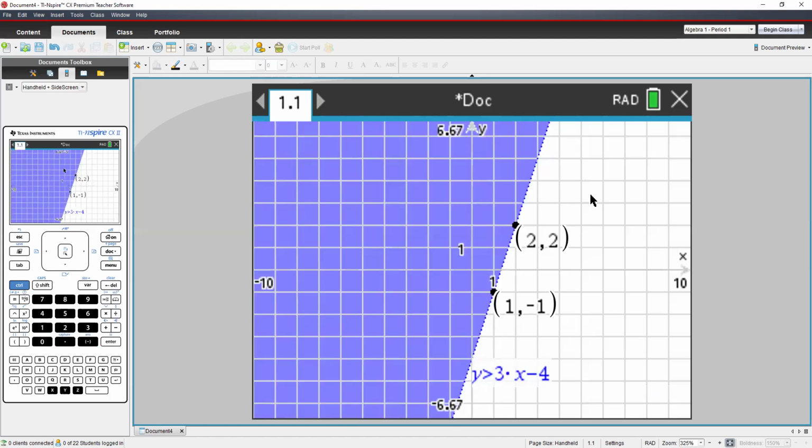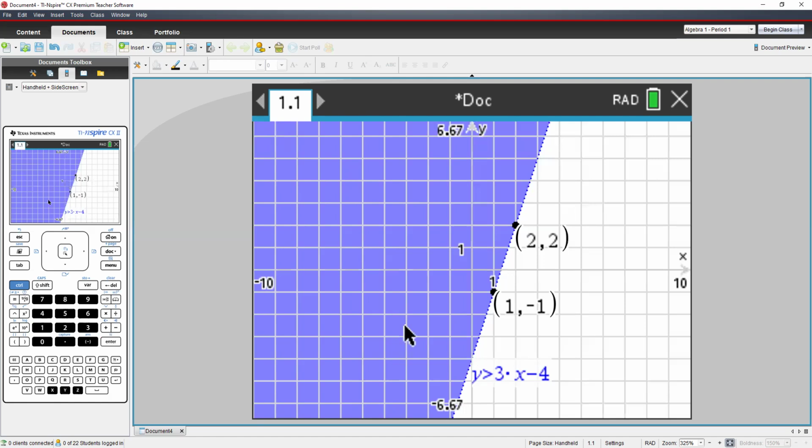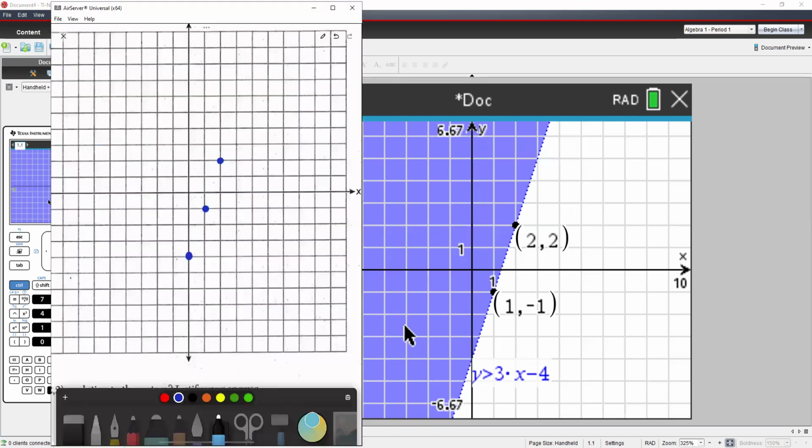So I'm going to get my ruler and try to draw the best line I can. Down 3 over 1, down 3 over 1. Up 3 over 1, up 3 over 1.